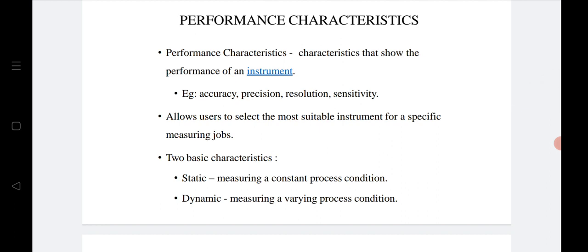Coming to our most important thing, it is something about your performance characteristics. So when I go with my instrumentation, I should know what the performance characteristics of that particular instrumentation are. What do you mean by performance characteristics?